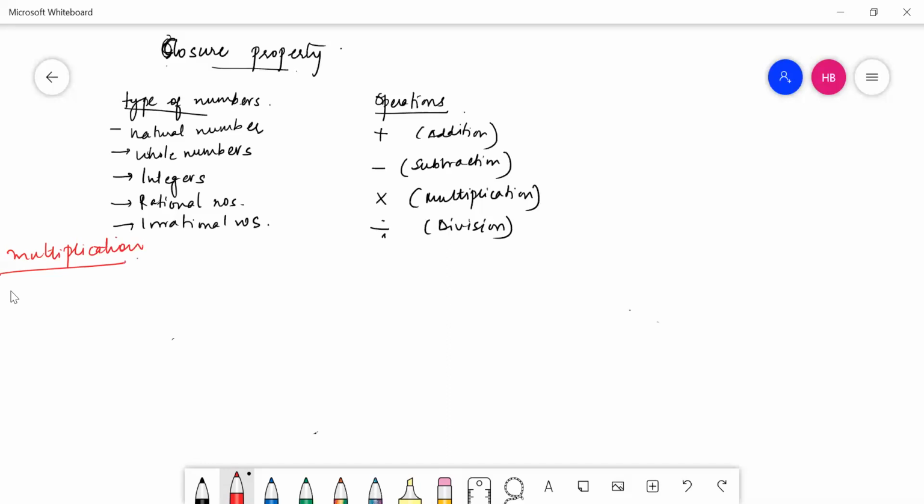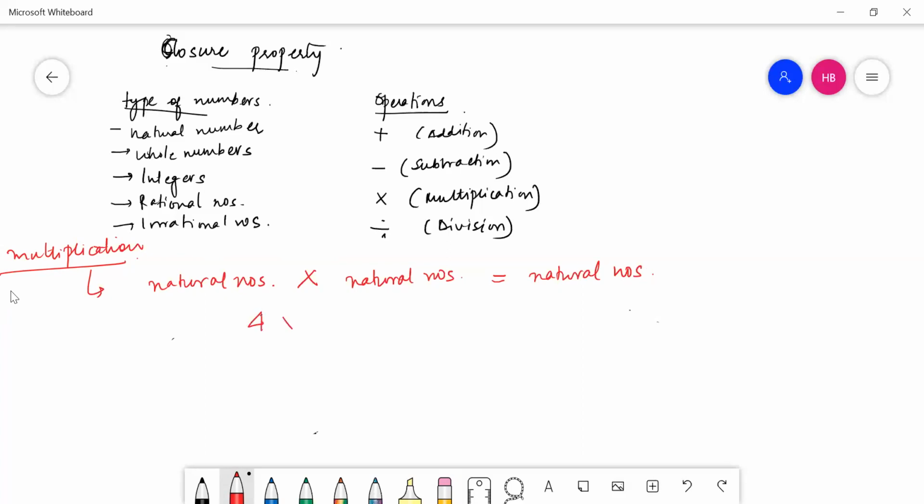What I'm trying to find is, if I multiply one natural number with another natural number, am I getting a natural number as an answer or not? That's what I'm trying to find out here. Let me take some examples to see whether this holds true or not.